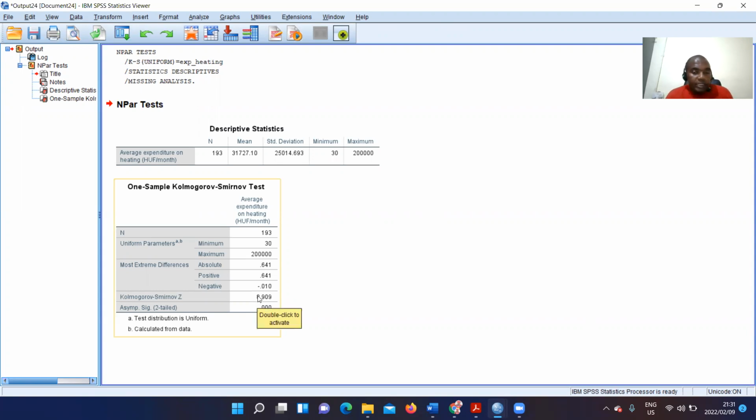And we conclude that this variable of average expenditure on heating does not follow a normal distribution. I mean, does not follow a uniform distribution, because the test distribution in this case is the uniform distribution.